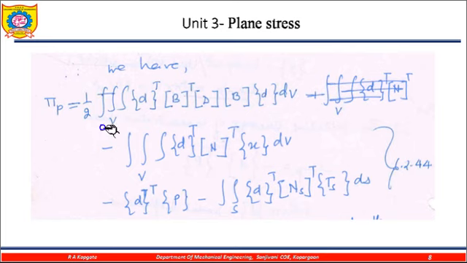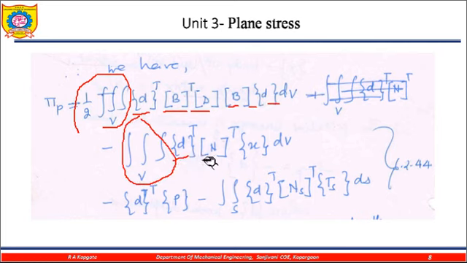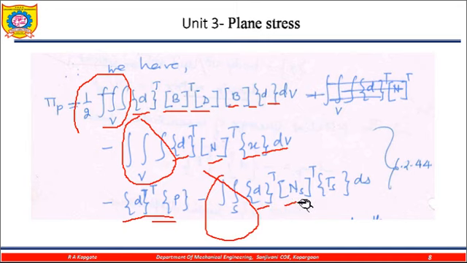So from these loads, what we are getting is Πp equal to the strain energy, the volume integral of the displacement matrix multiplied by B transpose multiplied by the constitutive D matrix, which is related to the plane stress or plane strain condition, then again the B matrix into d into dV, plus the volume term because this is the weight, d matrix into N transpose into X into dV, then the point load, d matrix into P matrix, and the surface traction, that is the double integration of d matrix, N matrix, T matrix into ds.